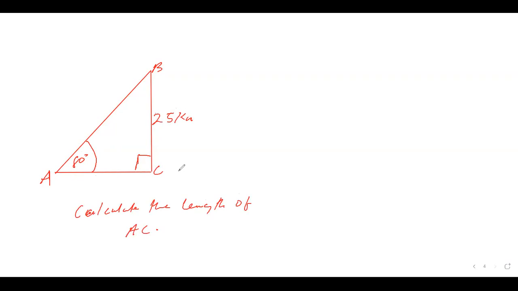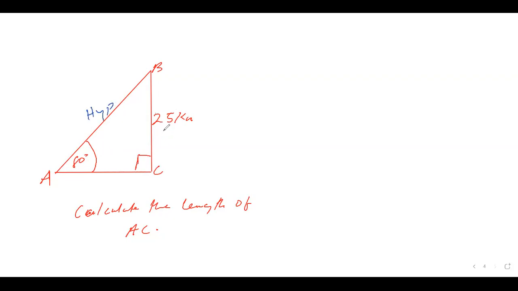So if you are given something like this, what would be the first thing we would do? They're going to label the side. Okay, we label the sides. Hypotenuse.